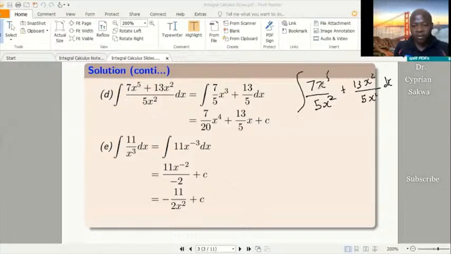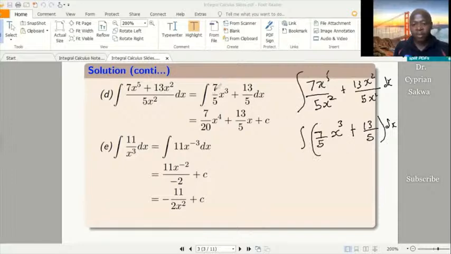When I divide this, what I will get will be 7 over 5 x raised to 3 plus 13 over 5. These are constants, then dx. So this is what I have to integrate.